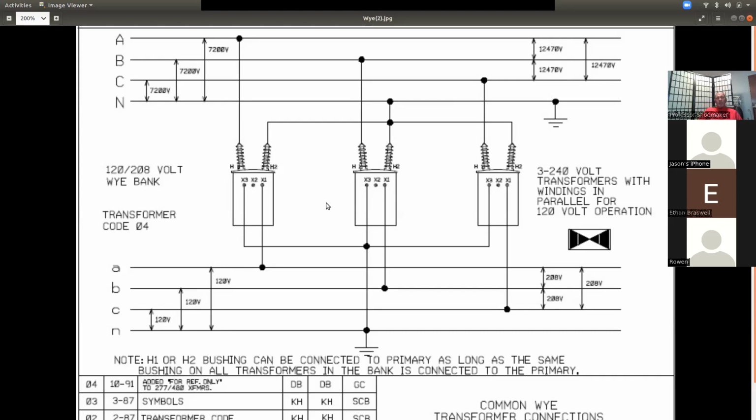Would that power my house? No, it's not 120, 240. How about the other two? No. Is there a power transformer? Take a look at your voltages down here. Is one leg a power leg? No, there is no lighting and there is no power transformer in this bank.